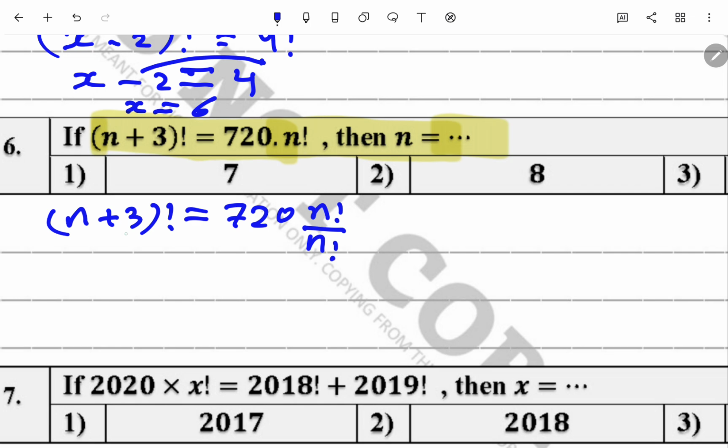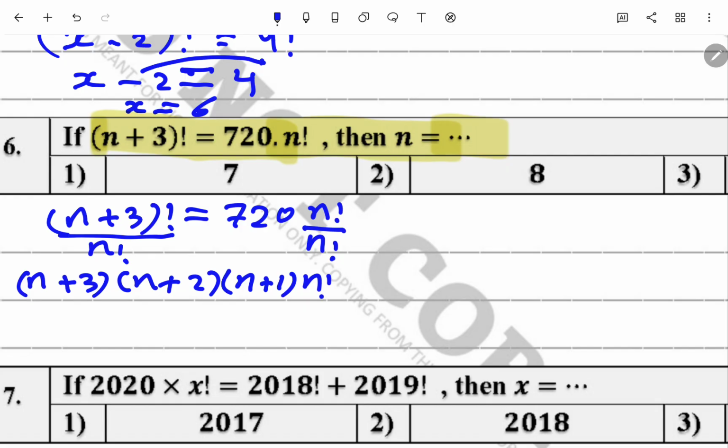Divide by the smallest on both sides, and then expand them. Expand the biggest, which is (n plus 3), then (n plus 2), then (n plus 1), then n factorial. Stop here, and that all will be divided by n factorial.